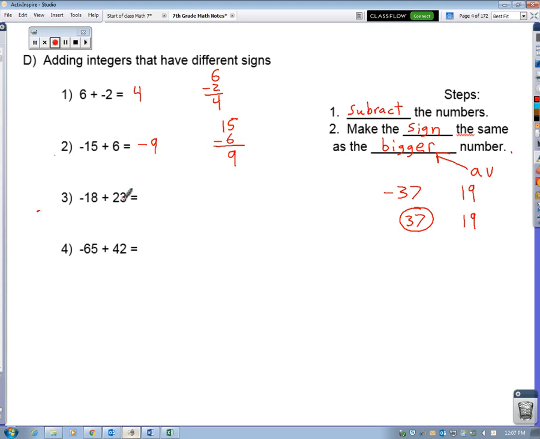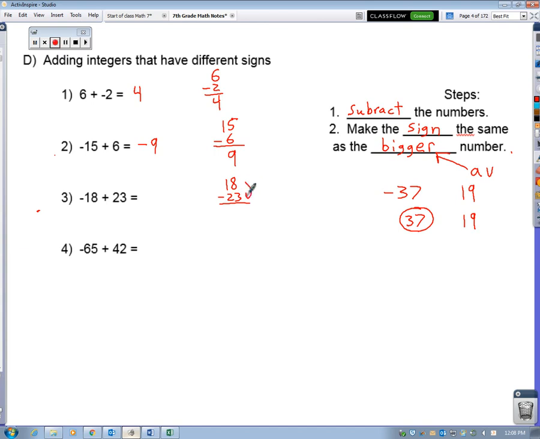Let's take a look at number 3. Again, they're different. We have a negative, we have a positive, we have to subtract them. And when I go to set this one up, if I just try and do 18 minus 23, that's not really going to work. You've got to have your bigger number on top to be able to subtract them. So let's just do a flipperoo.